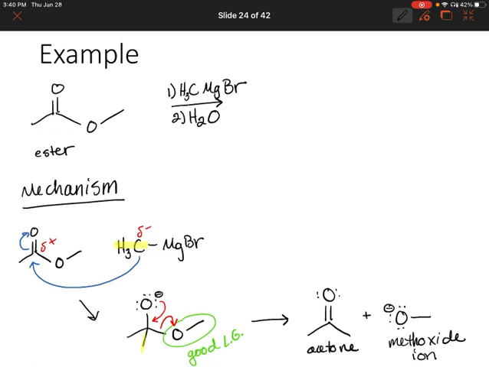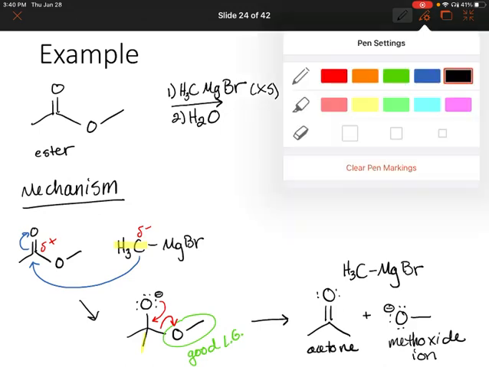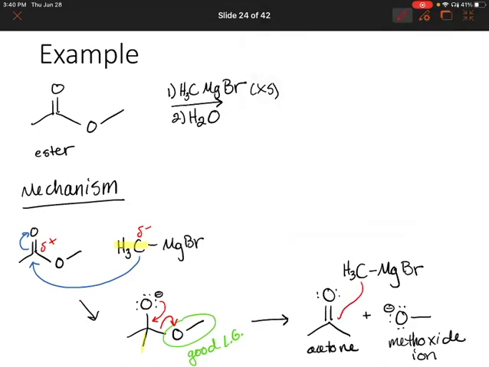Okay, so what would happen next? Any ideas? Well, we presumably do have more Grignard reagent, especially if we add excess Grignard reagent. So let's say we've got another methyl magnesium bromide hanging out. The negative carbon, again, could attack the positive carbon on our ketone, the acetone.